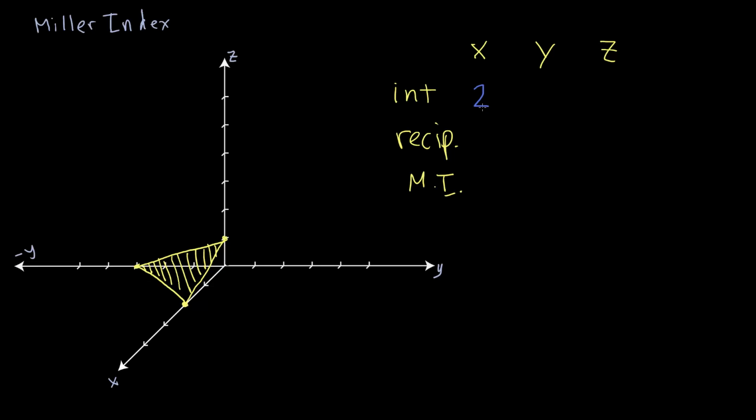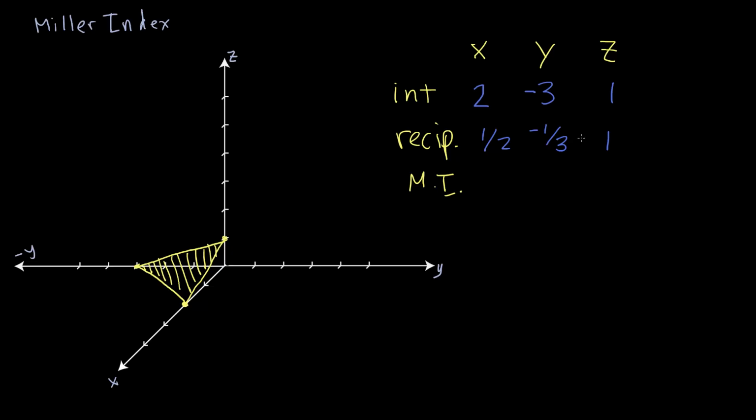In the y direction, we have y equals minus 3. And in the z direction, we have z equals 1. If we take the reciprocals of these values, we have 1 over 2, minus 1 over 3 and 1. Reciprocal of 1 is simply 1.